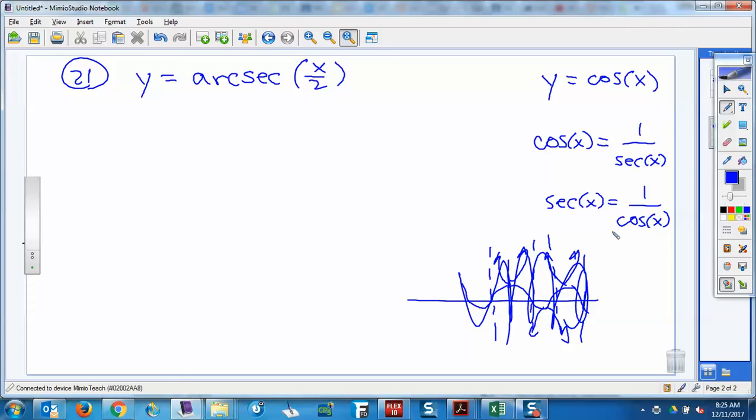Because with arc cosine, you interchange the x and the y. So if you have y equals arc secant x, you need a different derivative rule for secant and cosine, and that's what we have on our notes there. We have separate rules. But arc secant is the same as arc cosine what?